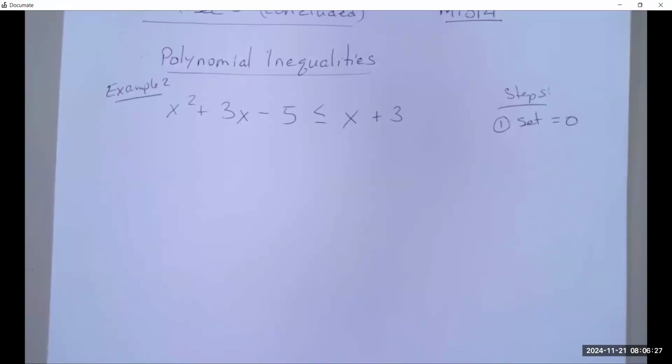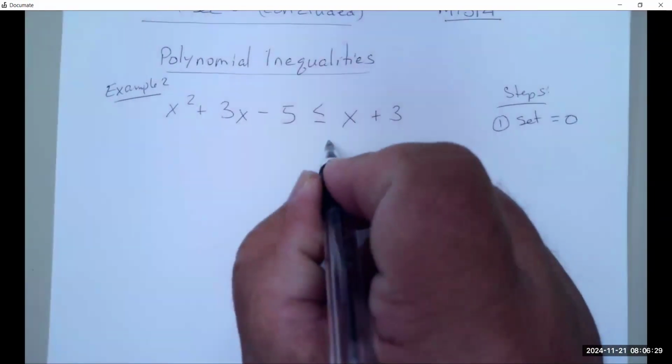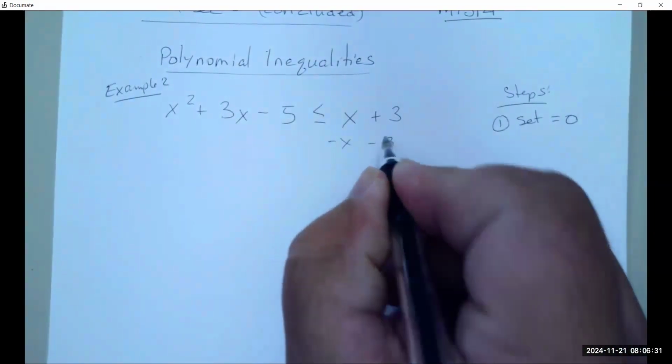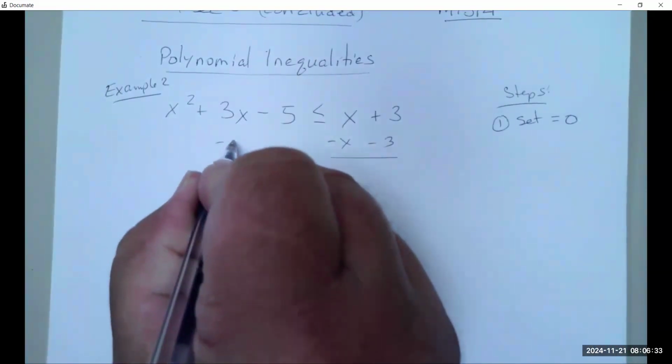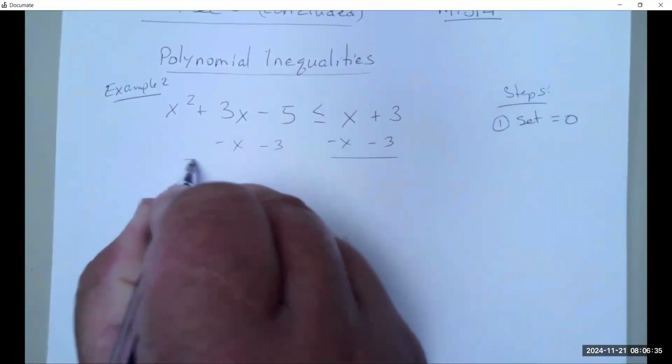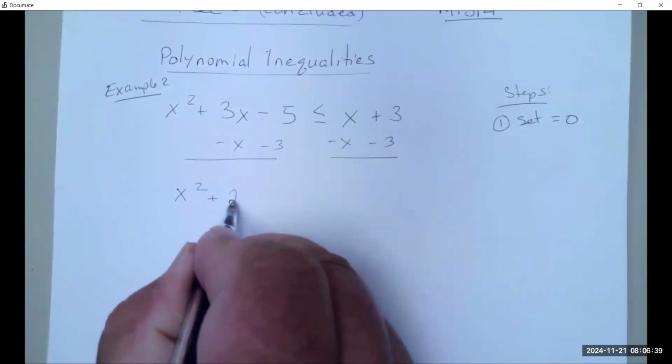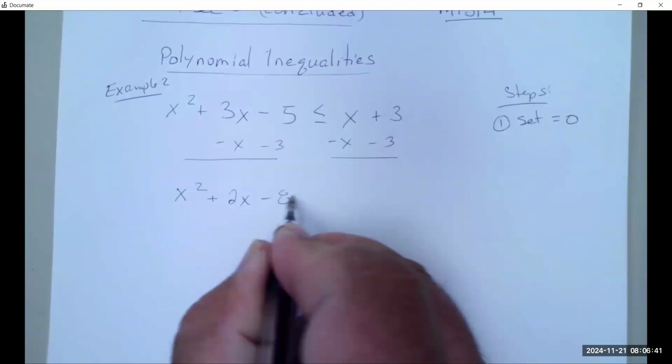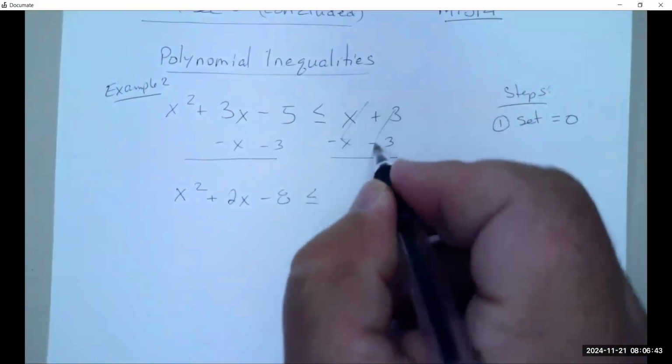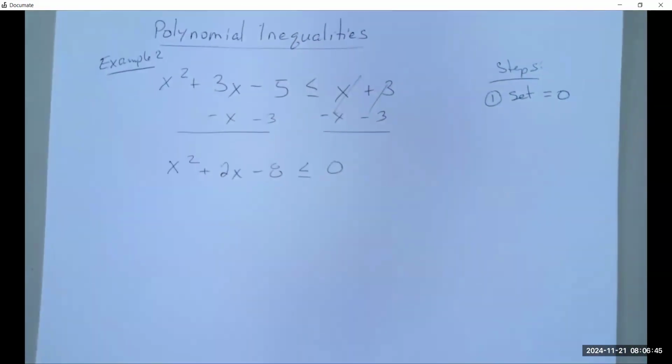Anyway, so first off, set equals 0. So we subtract x and subtract 3 from one side. So we got x squared plus 2x minus 8, and these cancel, so we have 0. Now, why do we set it equal to 0?